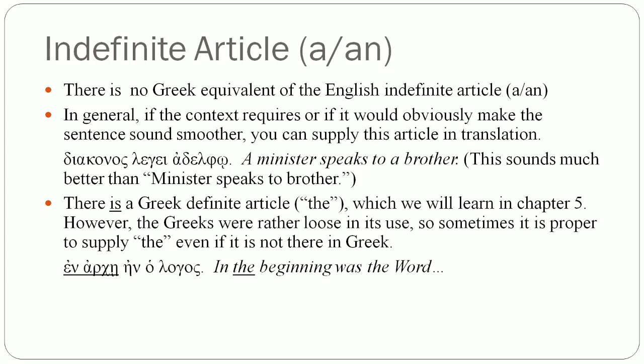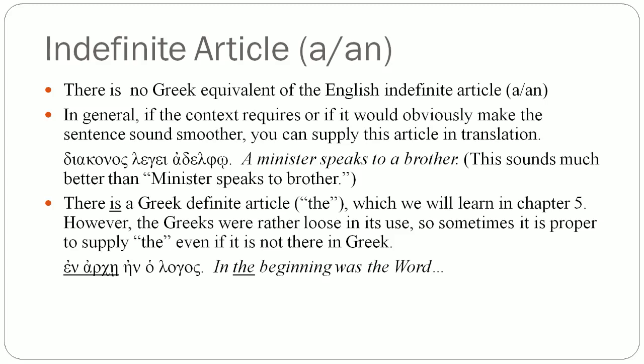For the scope of this class, though, just try and translate the words, and if it's obvious that something needs one of these little indefinite articles to make the sentence sound good, go ahead and put that in there. Okay, it'll never be in the Greek, because Greek doesn't have one of these. But at certain times, and those certain times are fairly common actually, you will have to put one of these into the English translation, even though it does not appear in the Greek.